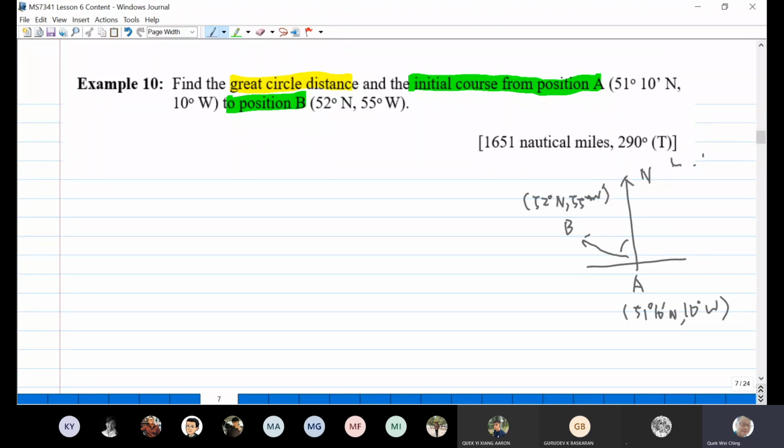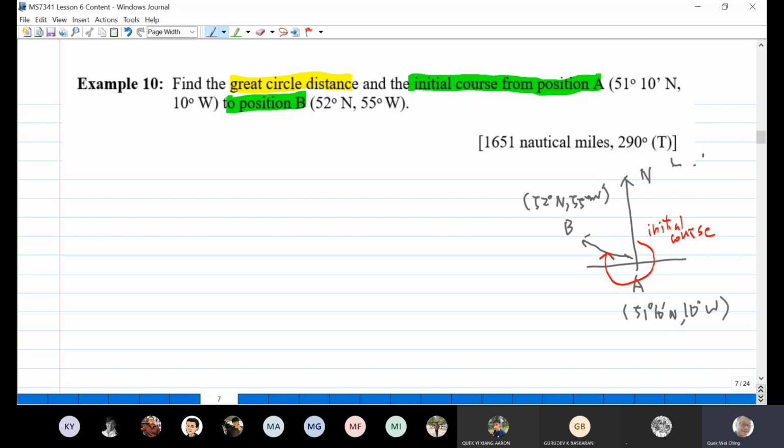So what is the initial course? The initial course is a direction measured from here, from the North Pole. This is called the initial course.